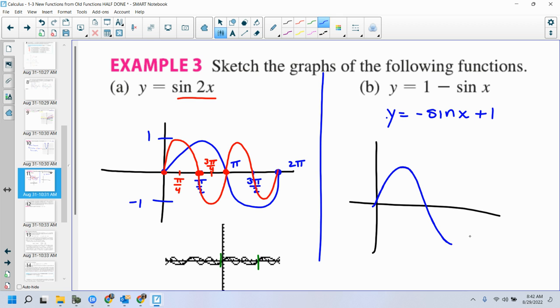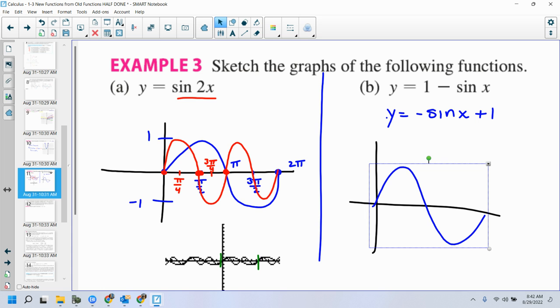Okay, here. Let's sketch it. There it is. And then it's going to go up 1. Actually, I have to reflect it first, don't I? I have to go by order of operations. What's going to happen first? The reflection, right? So it's going to reflect first.